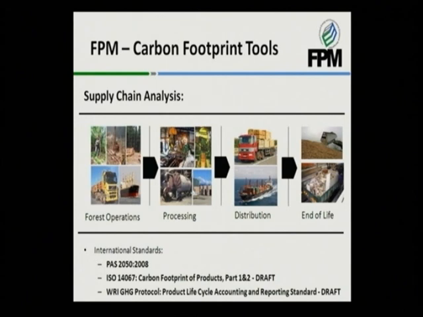And there's a number of standards that look across life cycle analysis, and the main ones are the PAS 2050, and I've got there a reference of 2008, but as of last weekend a new release of that has just come out, the PAS 2050 2011. There's also an ISO standard in development, ISO 14067, relating to carbon footprinting of products, and in my understanding that's nearing the end of its development phase. And there's also the World Resources Institute Greenhouse Gas Protocol standard around carbon footprinting of products as well.